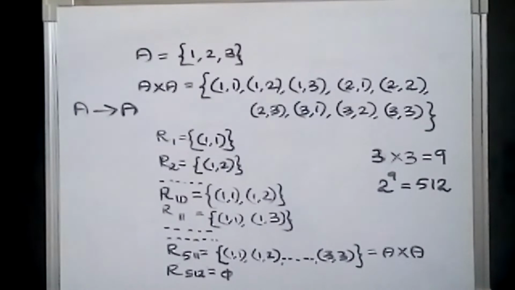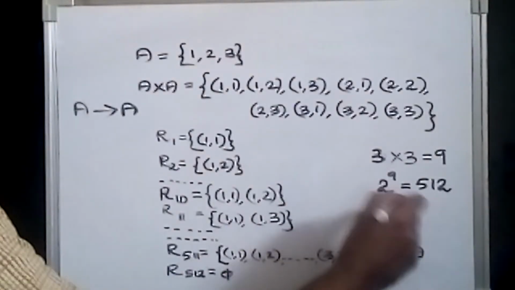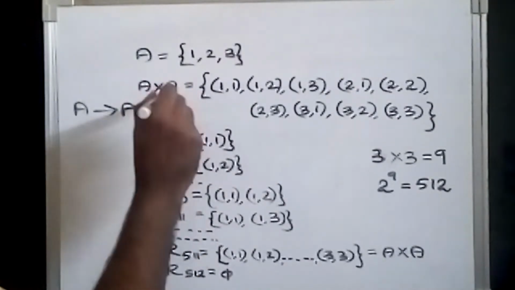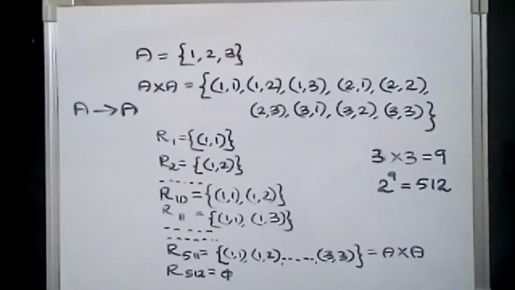Every subset of A cross A is a relation in the set A. And the number of subsets of A cross A is hence 2 raised to 9 equal to 512. Thus, A cross A has 512 subsets and each subset is a relation too.